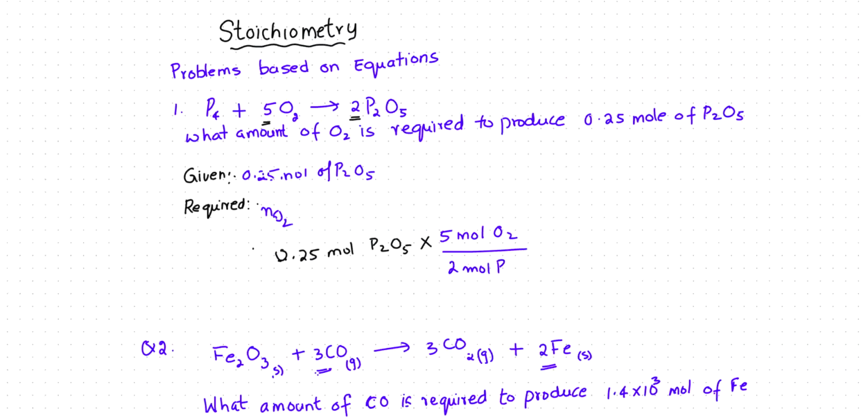Whatever is asked, we write at the top, and the other ratio we write here. So this ratio should be the same so that they get cancelled. Moles of P2O5 cancel with moles of P2O5.